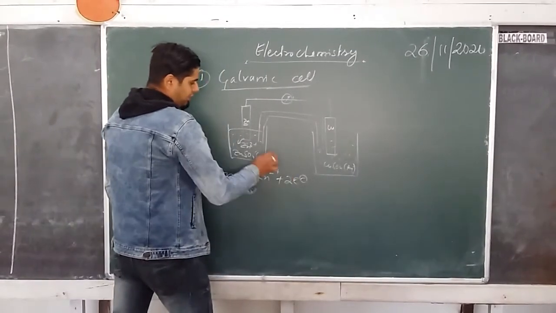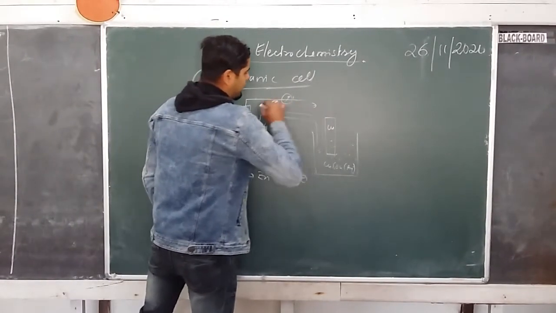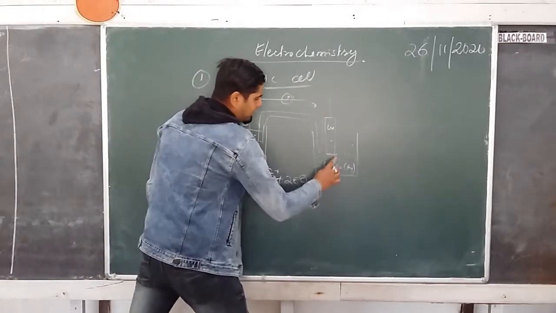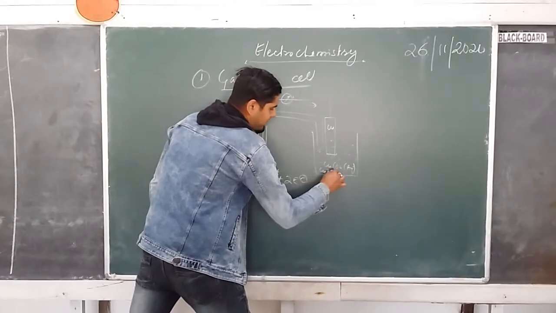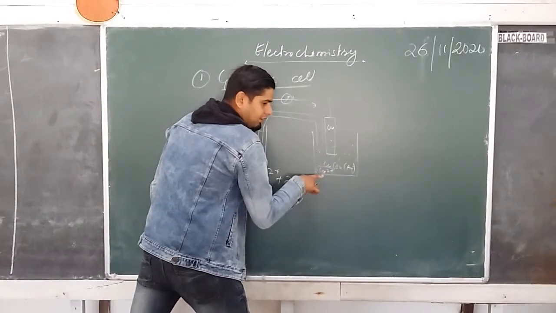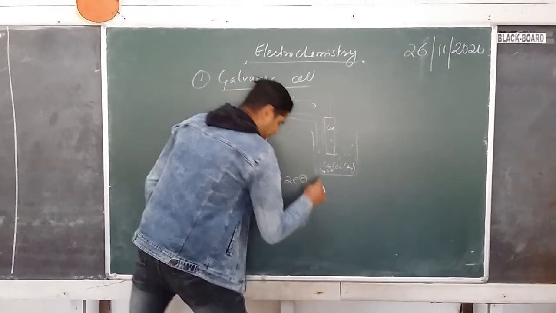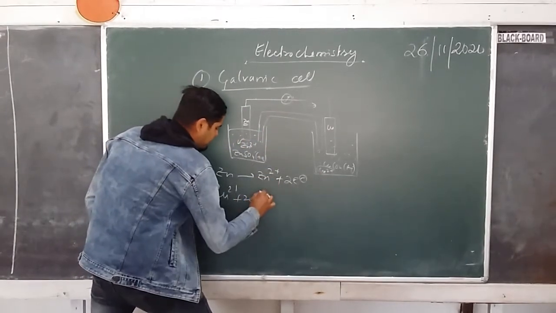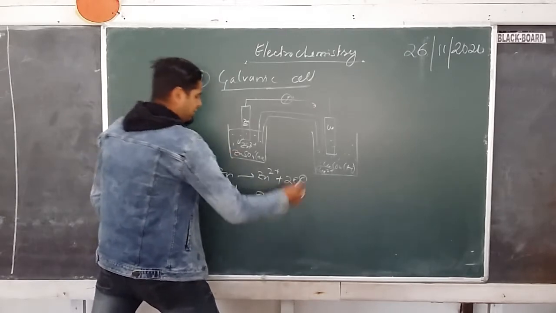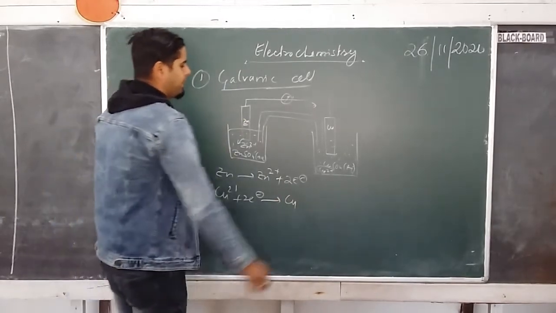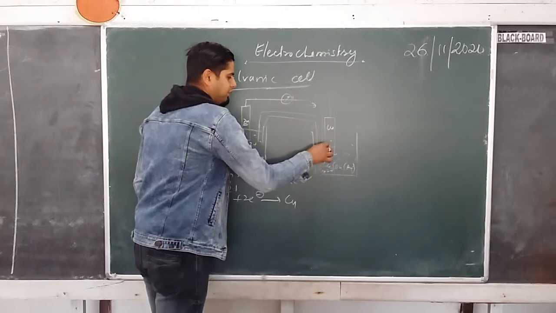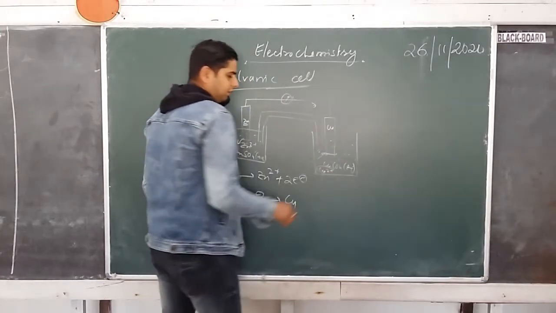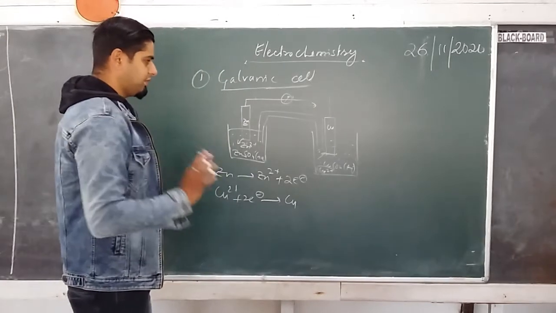Now these two electrons move this way, and here the copper ions which are present in the electrolyte, this copper ion will receive these two electrons and there is a formation of copper here. So the copper gets deposited at the cathode, this copper electrode. Got it or not?